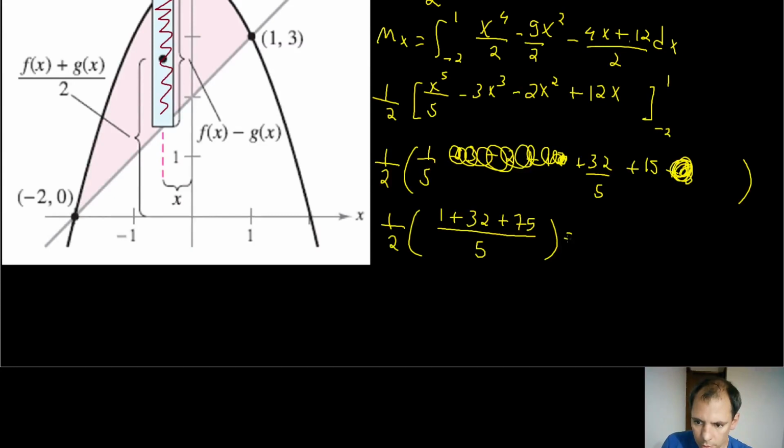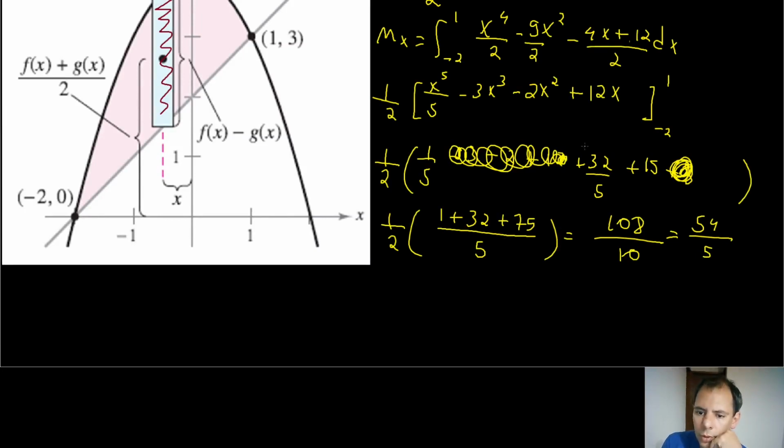I'm going to do, over here is going to be 10, 33, 108, right? Okay, so dividing by 2, you have 54 over 5.